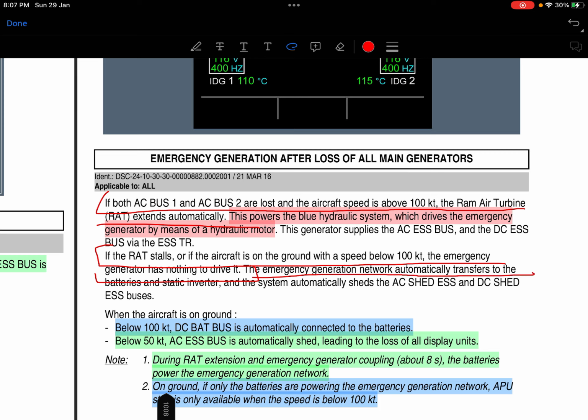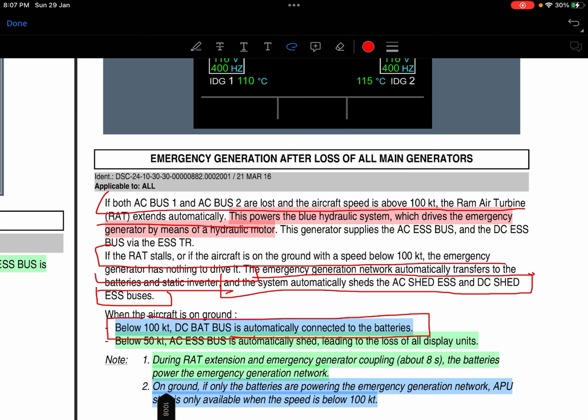The emergency network automatically transfers to the batteries and static inverter. The system automatically sheds the AC shed essential and DC essential buses. And below 100 knots, the DC bat bus is automatically connected to the batteries. I hope it is clear now.